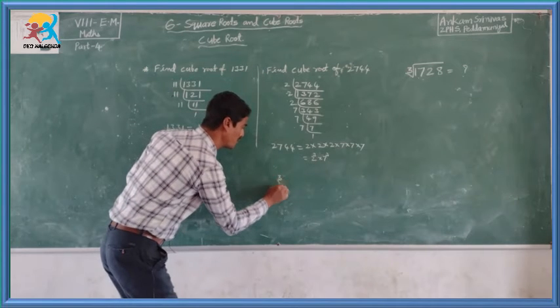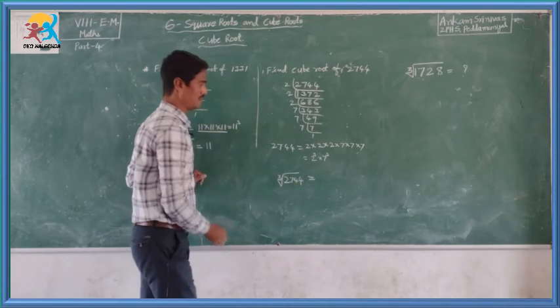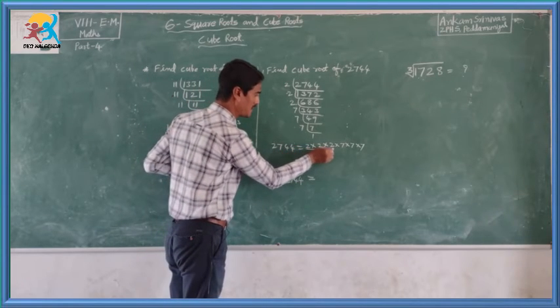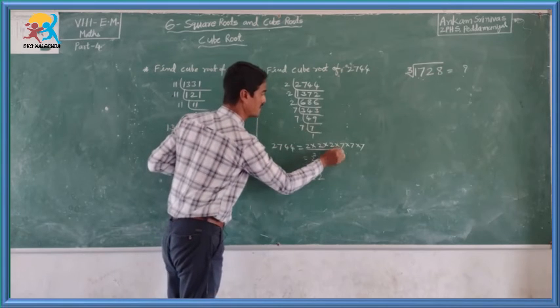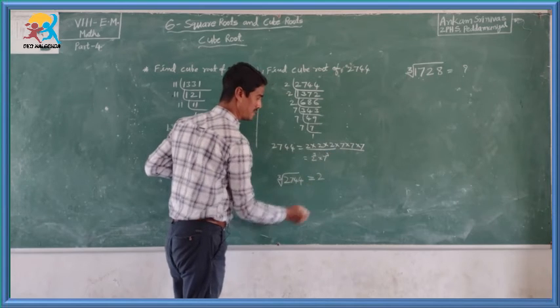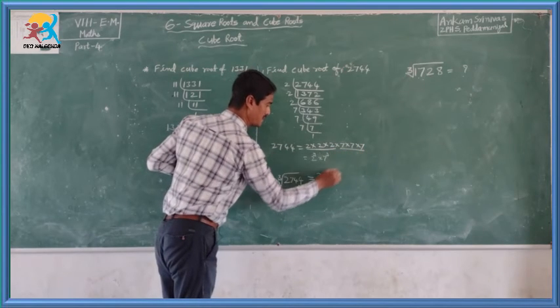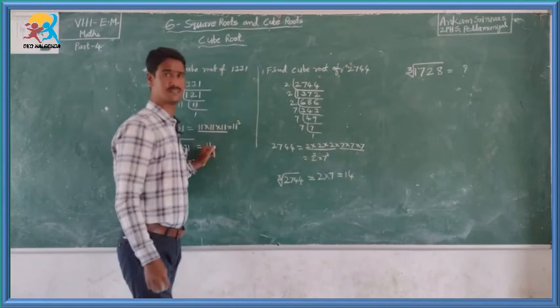So the cube root of 2744 is equal to, for three same factors 2 into 2 into 2, we take 2, and for 7 into 7 into 7, we take 7. We take one number from each group of three same numbers. 2 sevens are 14.